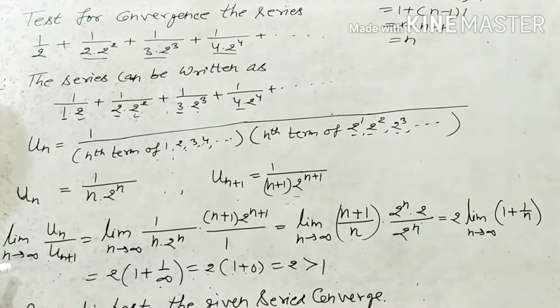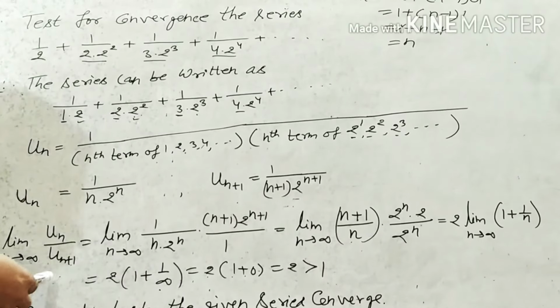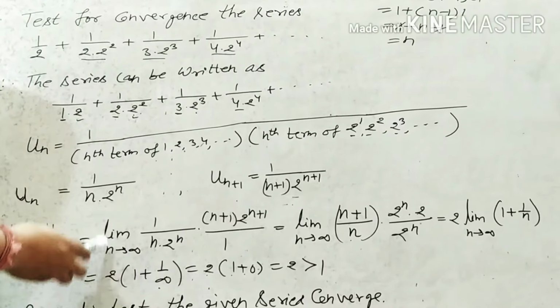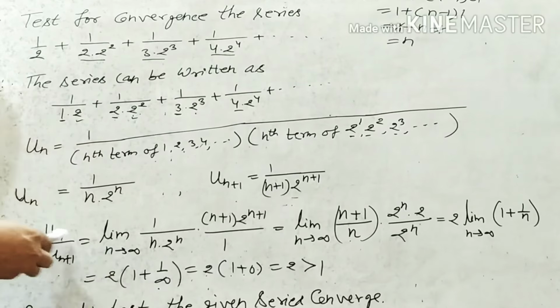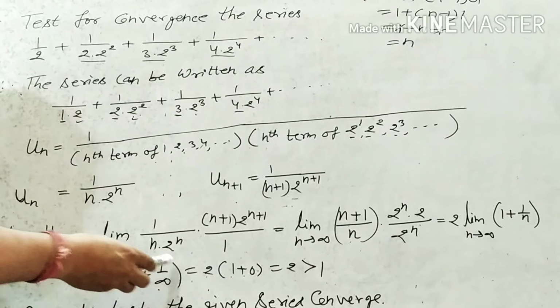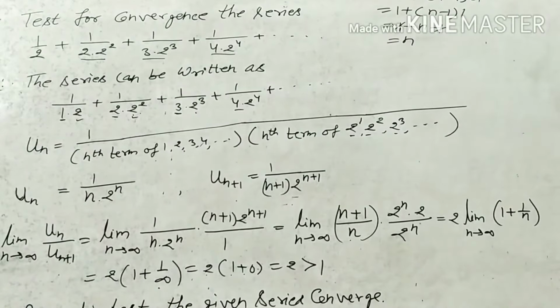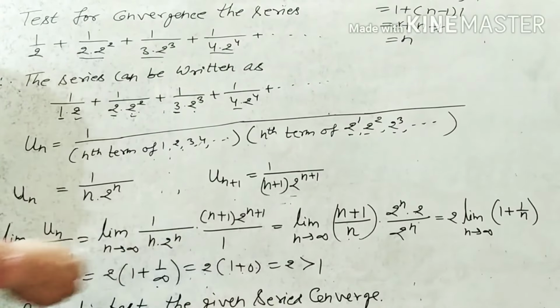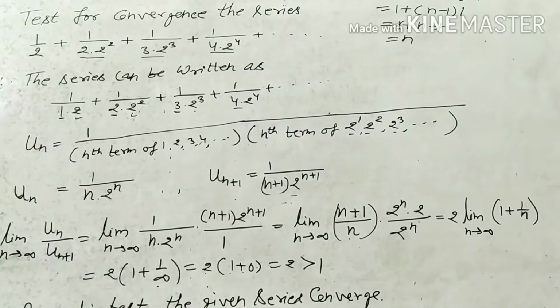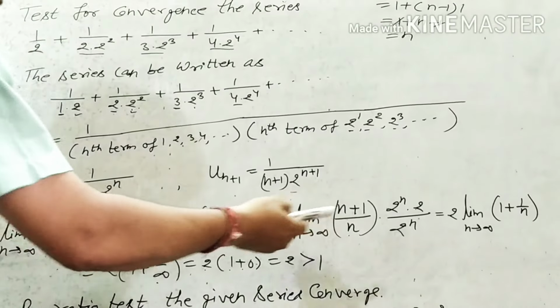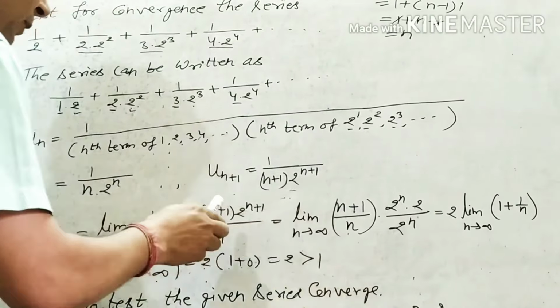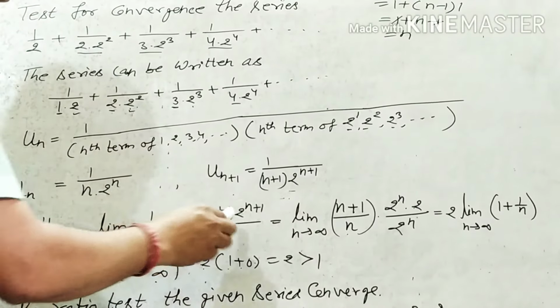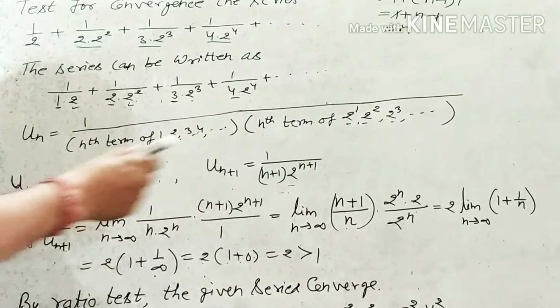Now according to the ratio test, limit n tends to infinity un upon un plus 1. Limit n tends to infinity un, that is 1 upon n into 2 raised to the power n, into un plus 1 inverted, n plus 1 into 2 raised to the power n plus 1. That's why it can be simplified to limit n tends to infinity n plus 1 upon n into 2 raised to the power n plus 1.